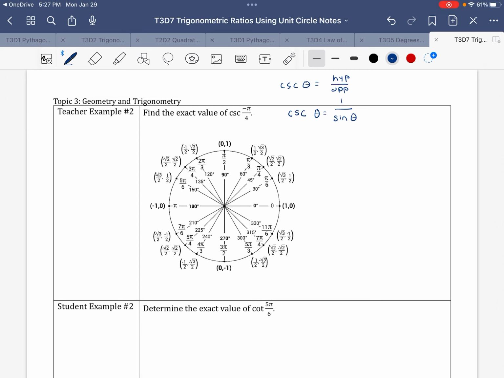So we know we're going to be going in the negative direction this way, the equivalent amount of pi fourths, right? And that tells us that negative pi fourths is equivalent to 7 pi fourths. So, in other words, we're looking for what is the cosecant of 7 pi fourths.